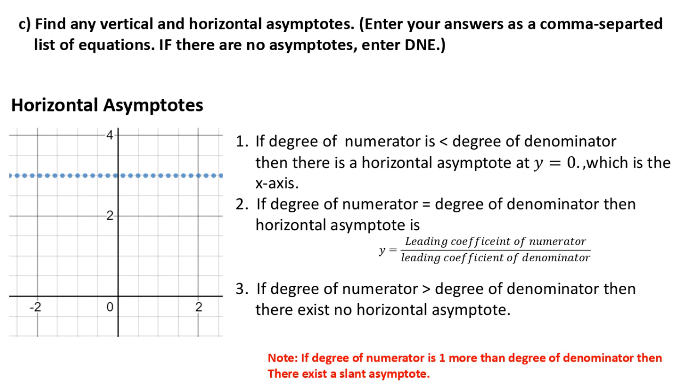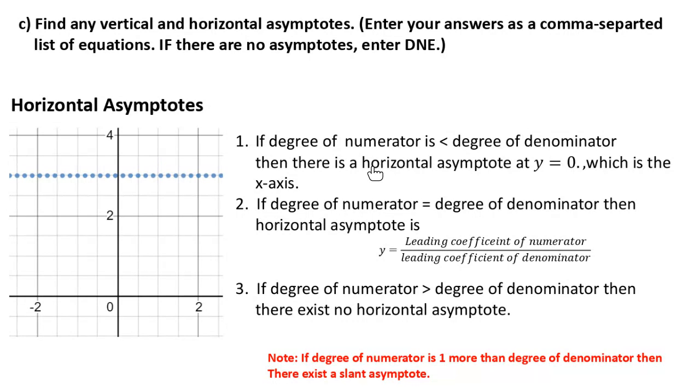What about horizontal asymptotes? So horizontal asymptotes will cross the y-axis at some point, and we still use this dotted line. Okay, there's 3 different situations for a horizontal asymptote. The first situation, if the degree of the numerator is less than the degree of the denominator, then we just say that y equals 0 is going to be your horizontal asymptote, which is the x-axis.